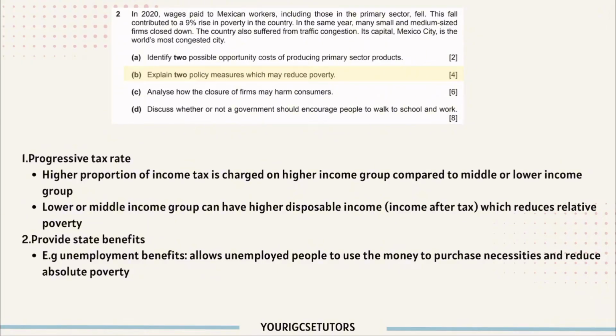For example, unemployment benefits, which allows unemployed people to use the money to purchase necessities and reduce absolute poverty. So remember to be specific. And there are definitely other things you can write about, but these are the two that I share with you.